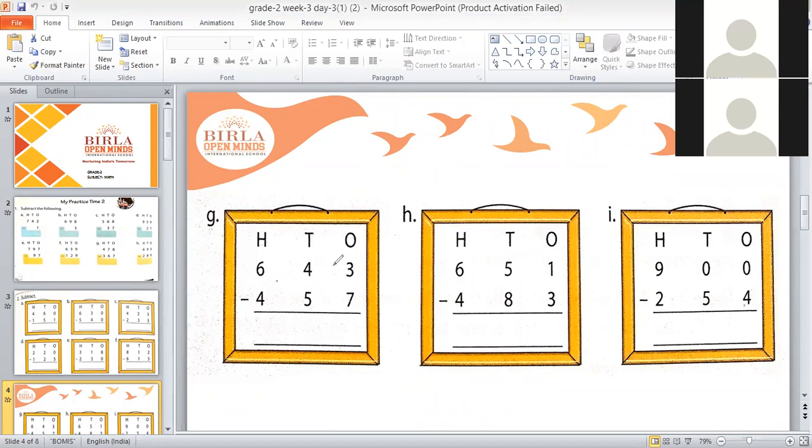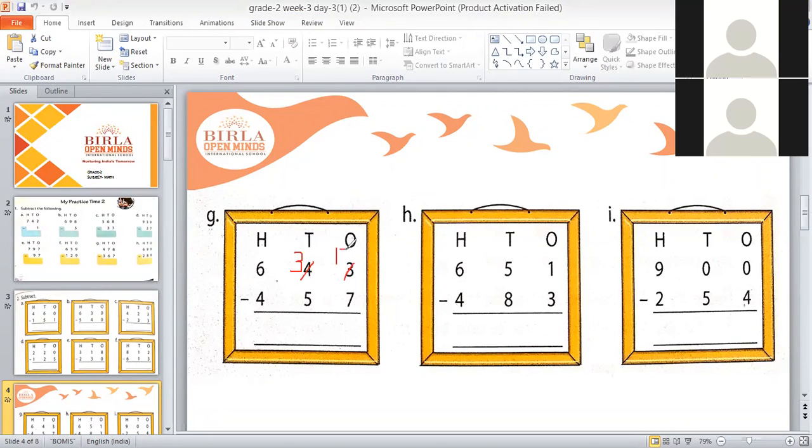No. So what we will do? Borrow. Borrow from where? 4. Yes, we will take 1 borrow from the number in tens place. So this 4 will become? 3. Yes, this 4 will become 3, children. And what this 3 will become in ones place? 13.